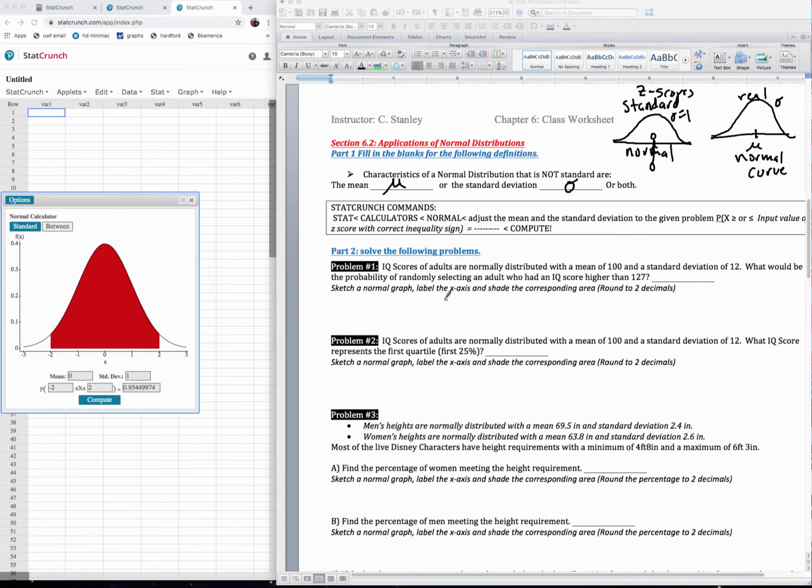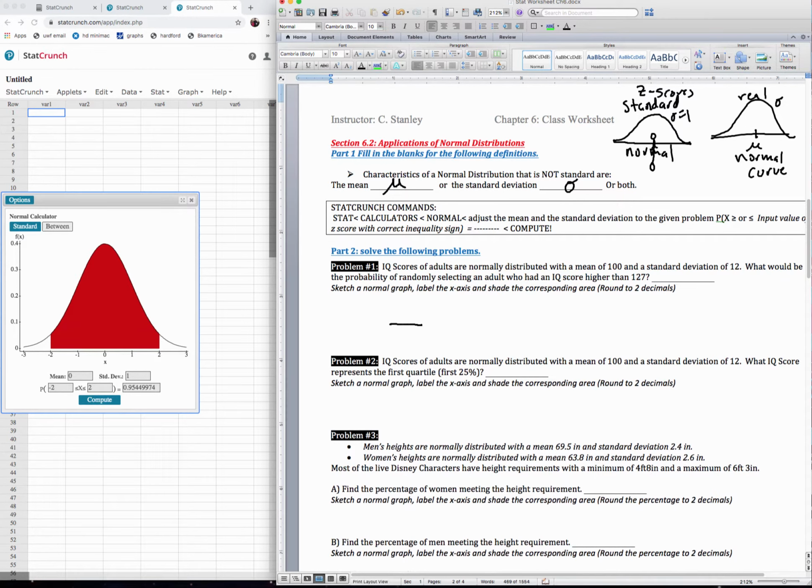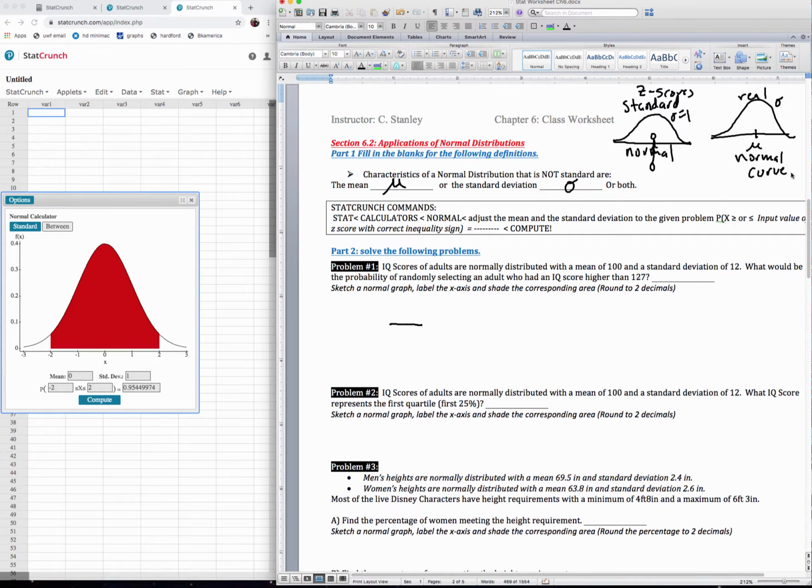So IQ scores are normally distributed, so that's nice. So we could draw our normal distribution. You draw your normal distribution and you always put the mean here. See how that's different from the standard normal?